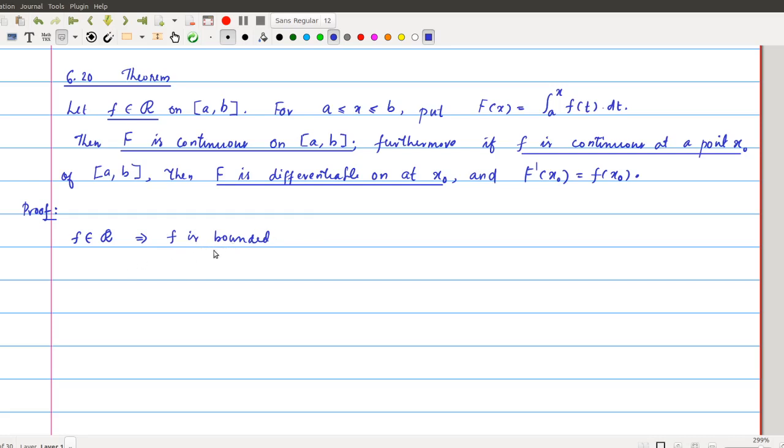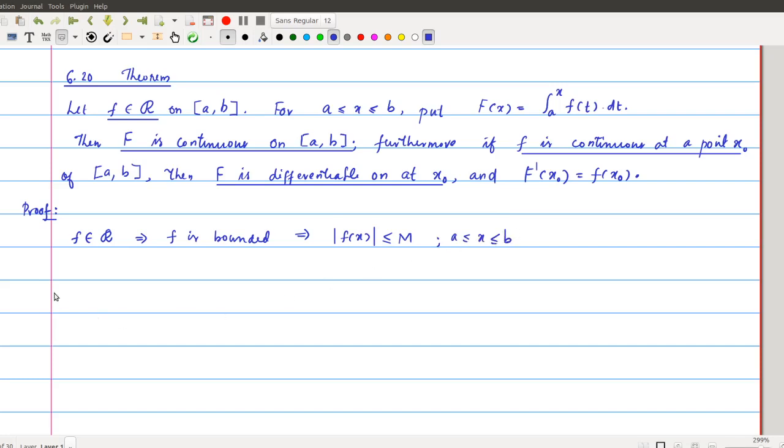You might have seen this in your 6th semester classes. So using this fact, we can get a constant that is M. So the modulus of small f of x is less than or equal to M for all x satisfying a less than or equal to x less than or equal to b.